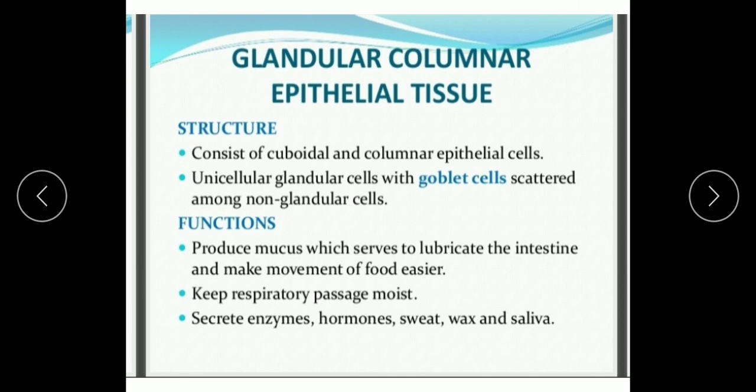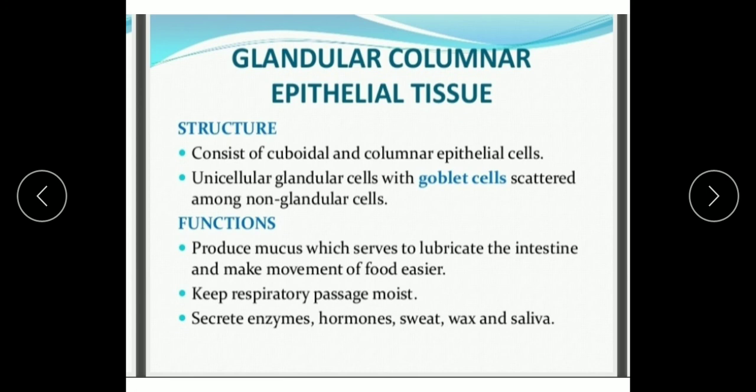The major functions of a glandular epithelium: it produces mucus, which serves to lubricate the intestines and make the movement of food easier, as food moves from the mouth to the stomach and the intestines.